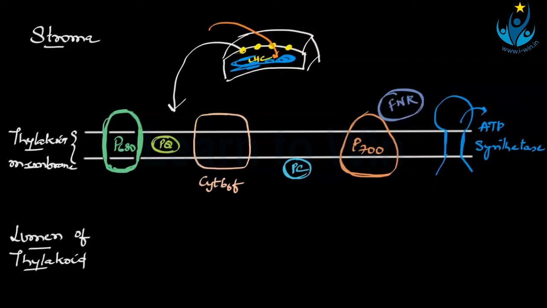So from stroma into lumen, and again from lumen into stroma, there will be this movement of protons, because of chemiosmosis, the concentration difference, and for that movement you need a particular proton channel, which is the ATP synthetase. So we are going to understand how the protons accumulate and how they move, and why it results in the formation of that amount of ATP and NADPH.